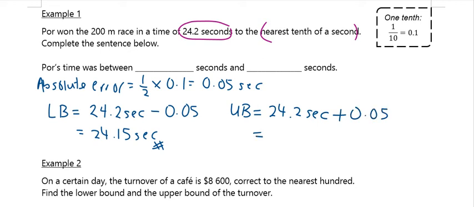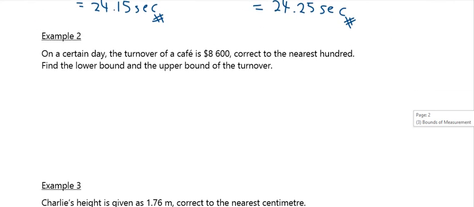So your upper bound will be 24.25 second. So there you have it. You have to fill this in. It was between the lower bound and the upper bound, so you fill 24.15 second and 24.25 second. So that's the first example. You can also use the second method if you are comfortable with it. Okay, now let's move on to the next one.